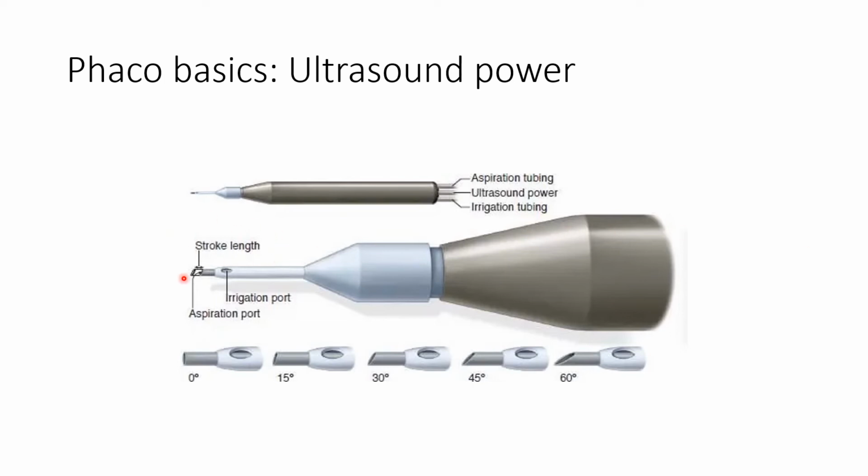The anteroposterior excursion of the phaco tip is known as stroke length, and you can have the phaco probe tip at 0 degree, 15 degree, 30 degree, and so on. The 60 degree will have maximum sharpness or cutting power, and 0 degree will have maximum holding power. So there's usually a balance between them, and you usually use a 30 degree or 45 degree tip.